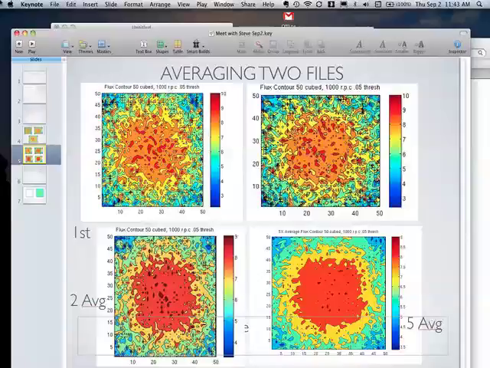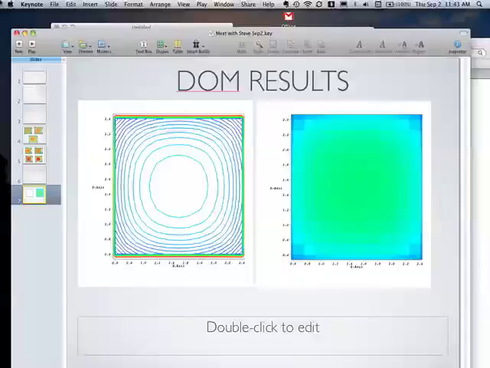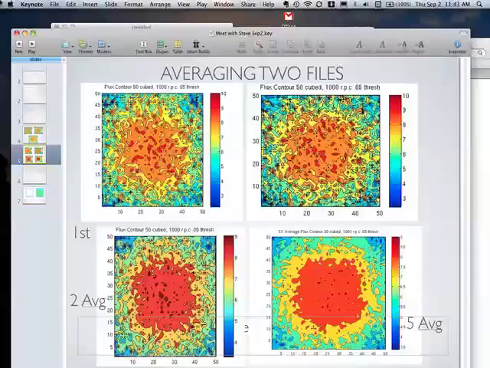What would be interesting is to subtract out the ground truth and look at the differences.